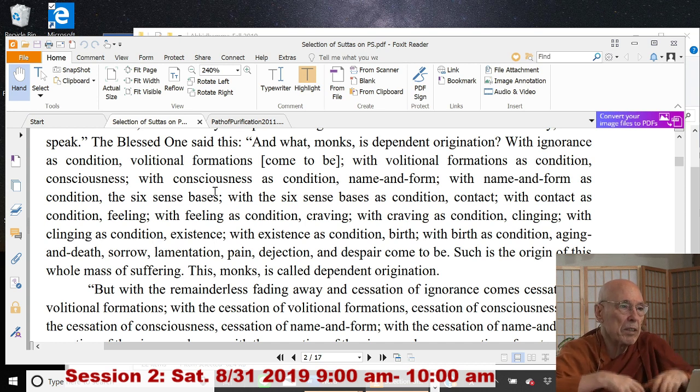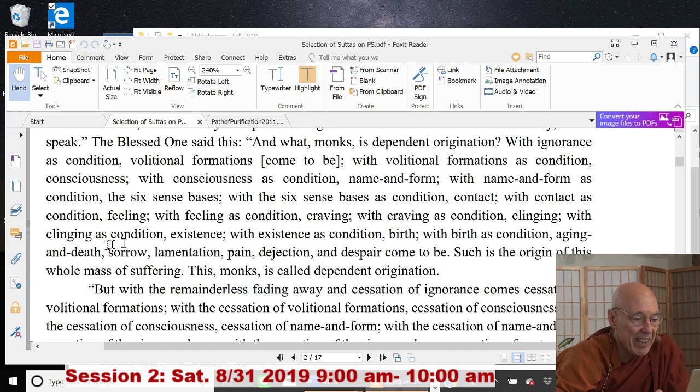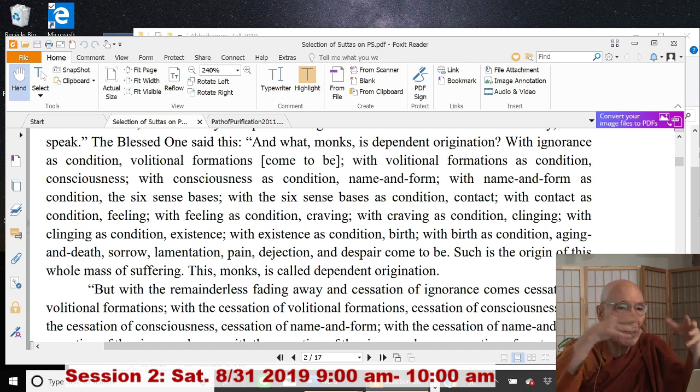Then as we come out into the world, equipped with these 6 sense bases, we make contact with the corresponding objects. Each sense base contacts its corresponding object, and out of that contact, there occurs a feeling. Feeling in the sense not of emotions, but pleasant feeling, painful feeling, neutral feeling. I call this the feeling tone that accompanies every experience.